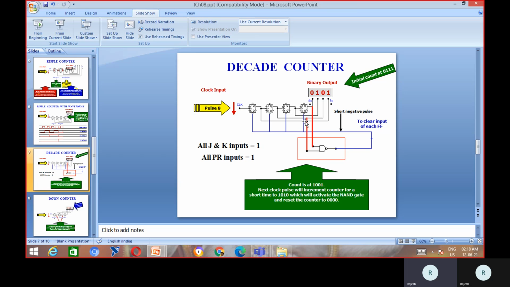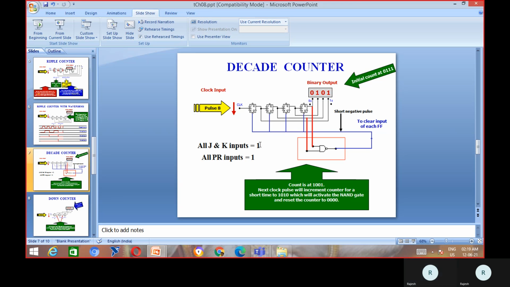Decade means, it is a 4-bit counter, but it will count up to 1001. Both the ones must be given to an AND gate, and that output is connected to the clear pin, which will make our flip-flop outputs come to the initial state.